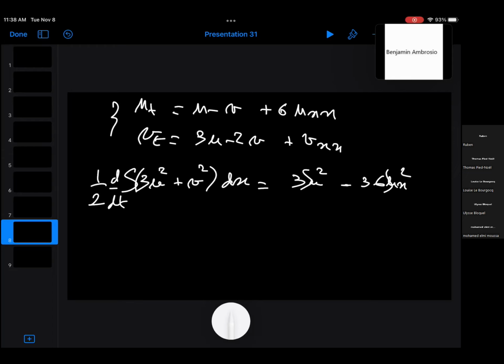So the 3UV cancels with that, so I obtain, yeah, this is a classical thing to do here, but here I don't have anything because of the 3 here. So this doesn't work.